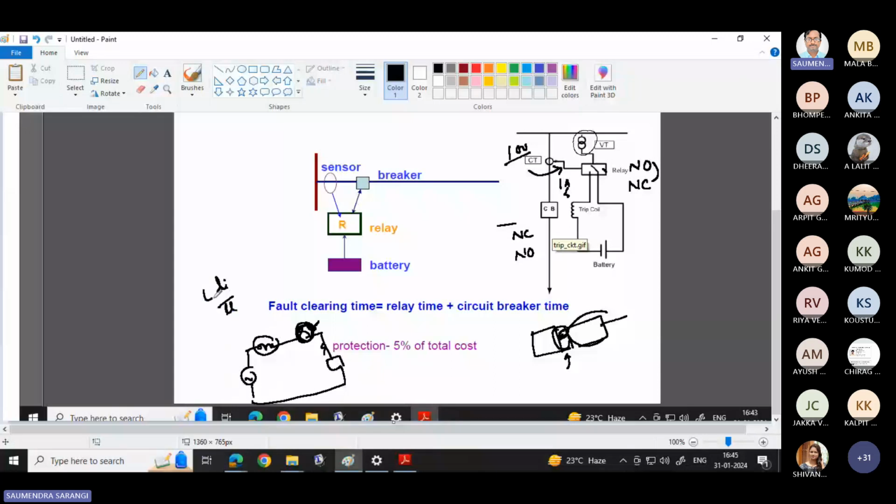Why is it high? Because the time is very small, since we are talking about high voltage transmission lines. Within milliseconds, let us say 20 millisecond or 40 millisecond, one cycle is 20 millisecond, two cycles is 40 millisecond. Within that period, if you want to disconnect the circuit, this L into dI by dt will be high, and that voltage will come across the switch.